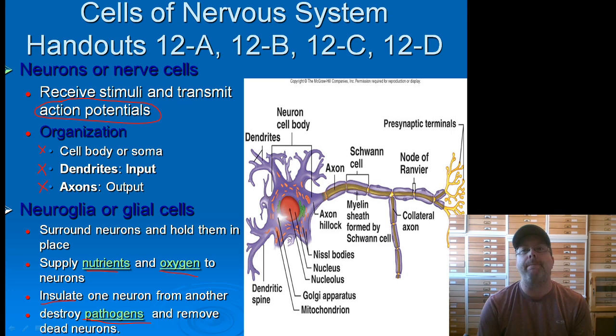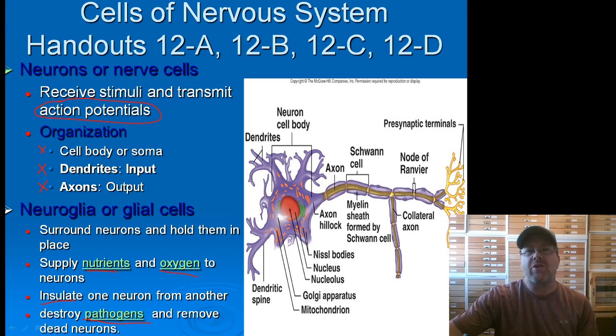Now, when we categorize the nervous system, we can also look at nerves that have myelin that were created by the glial cells, and we have other areas of our nervous system that do not have myelin.